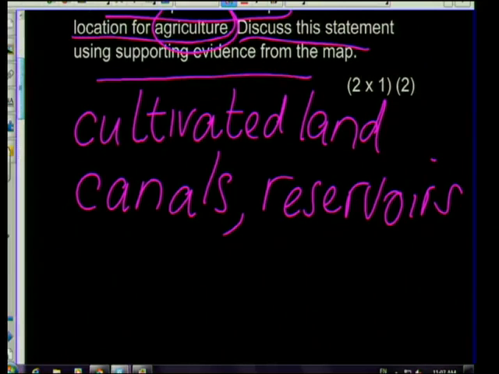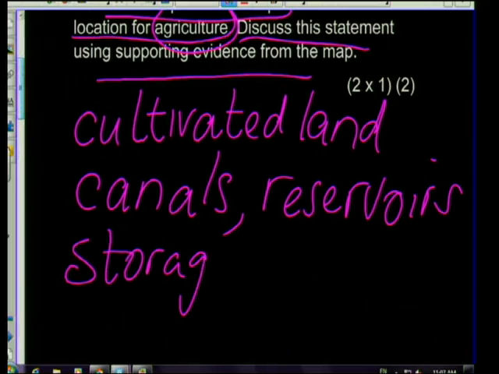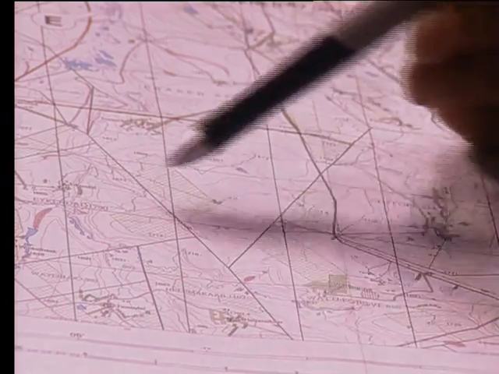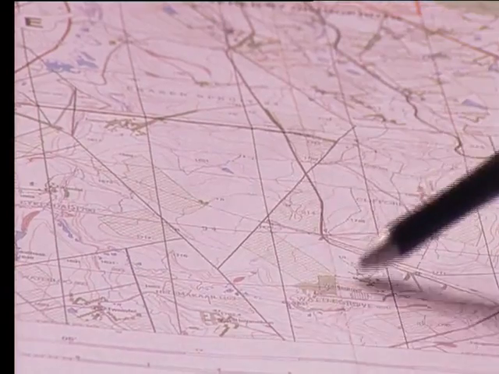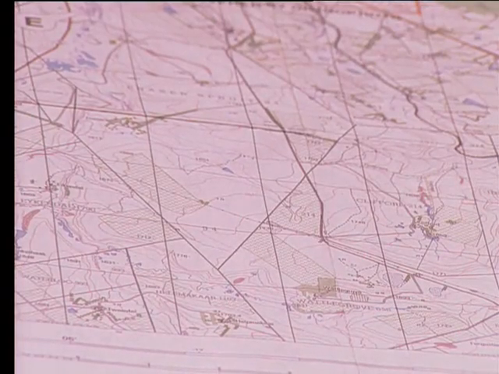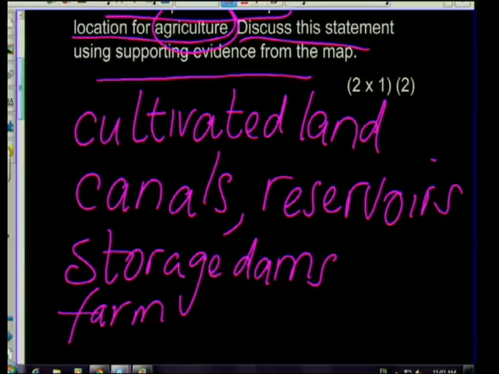Without even looking at the map, you should know storage dams, all related to the extraction of water for farms. How many do we need? We need 2. What are the possible answers? Farm boundaries. If you look closely at the map, you'll note that there's lines that divide these different plots on the map. So I'm going to put here farm boundaries. That's enough answers to get you the full marks.